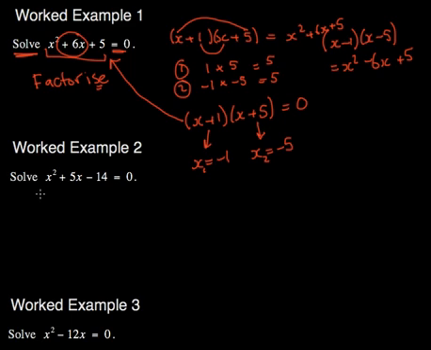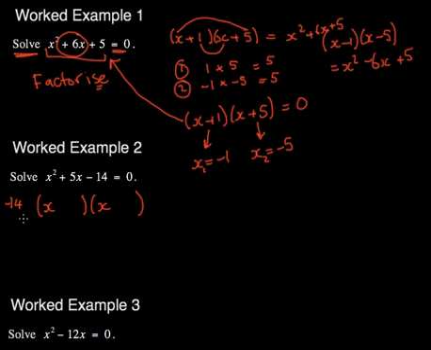How could I work out then the second example? How is this any different? Well, I could factorise this in hopefully the same sort of way. So it's going to be x in my first bracket, x in my second bracket, and I have to try to find two values of -14 that add up to make +5.